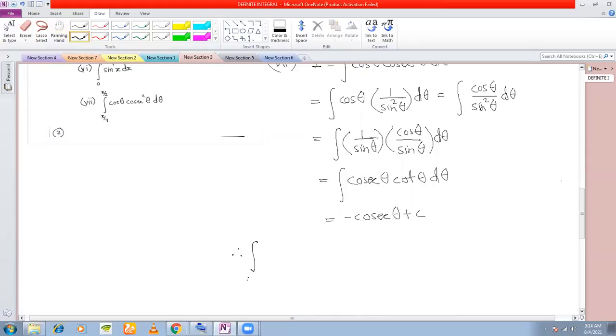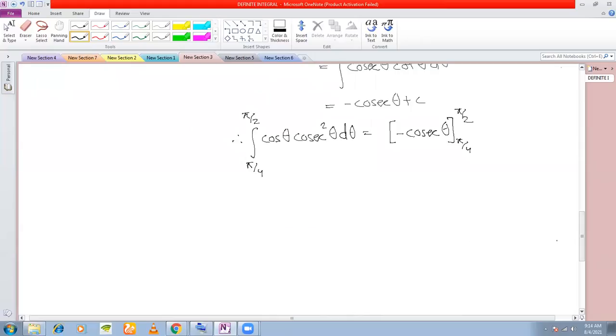Therefore, integral pi by 4 to pi by 2 of cos theta cosec square theta d theta is equal to minus cosec theta evaluated between the limits pi by 4 to pi by 2.